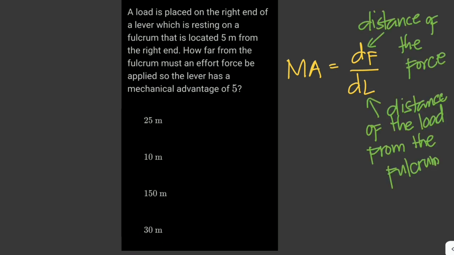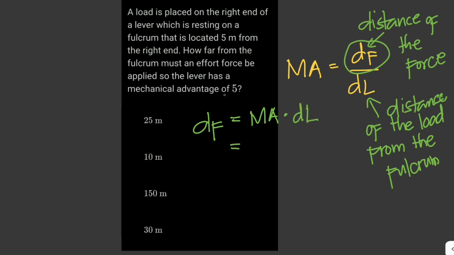Now to find the distance of the force, that would be the df, we can derive this equation. We can multiply both sides by dl. So df would be equal to mechanical advantage times dl. And then we plug in the given values.